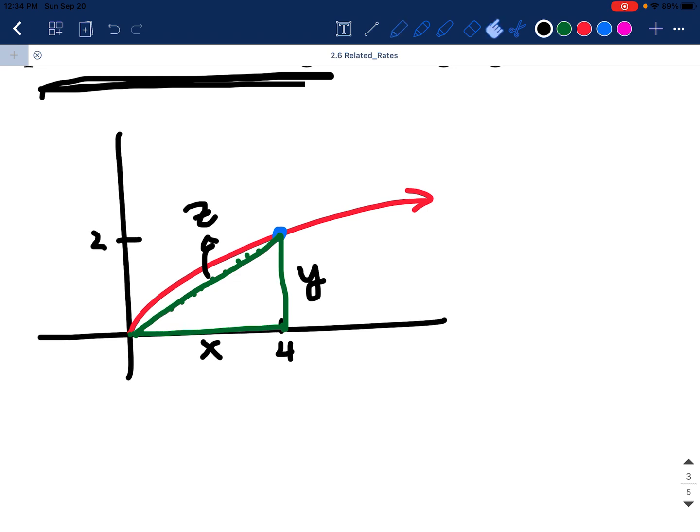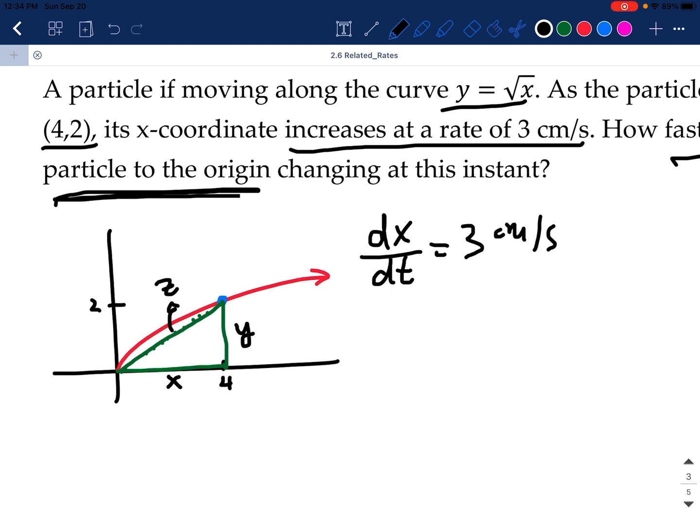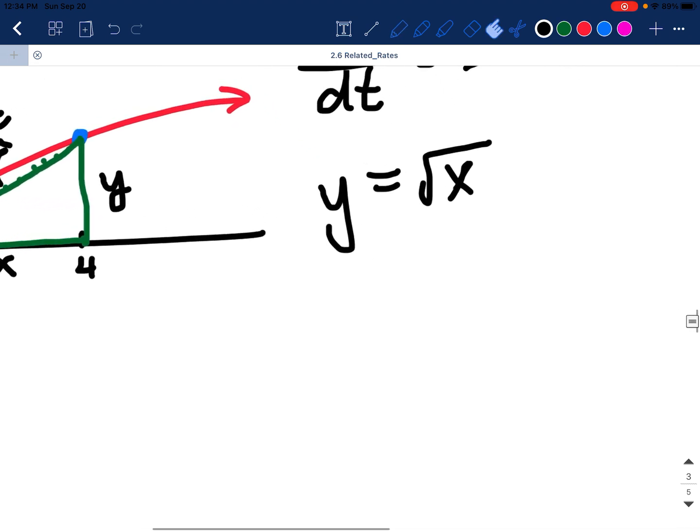Now we know some information, so we know the x-coordinate increases at a rate of 3 centimeters per second. So dx/dt is equal to 3, and it's increasing, so it's positive, centimeters per second. And we know that y is equal to the square root of x, which means that if we know dx/dt, we can find dy/dt just from this equation.